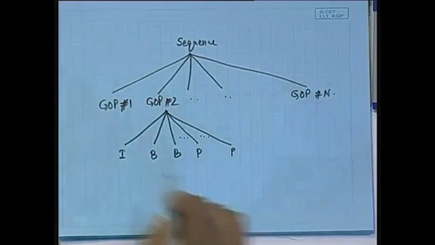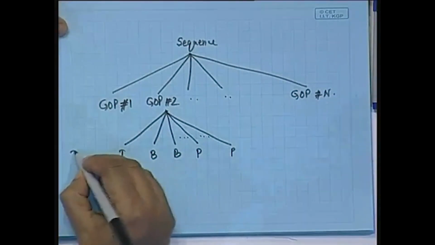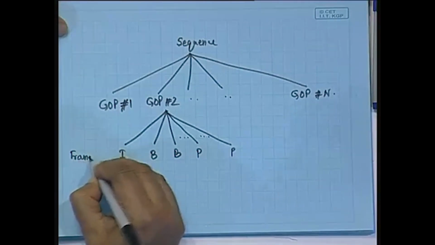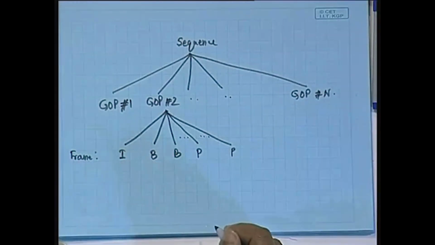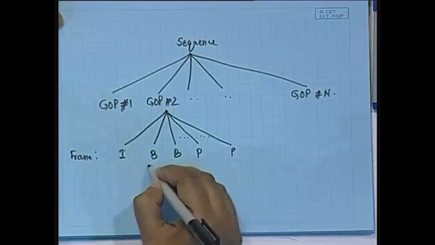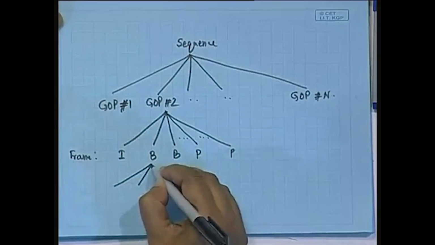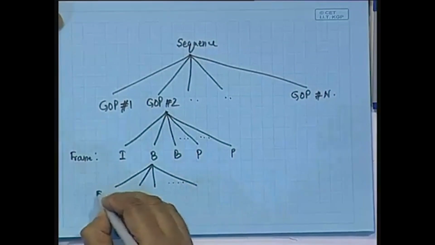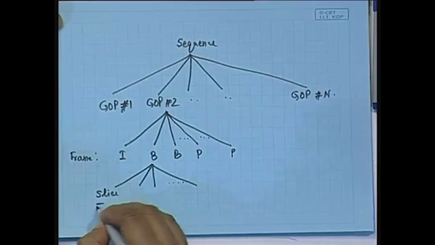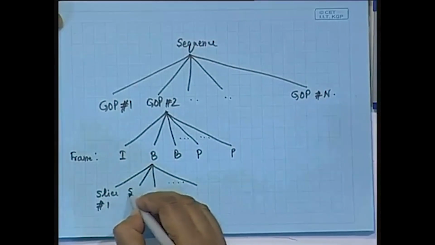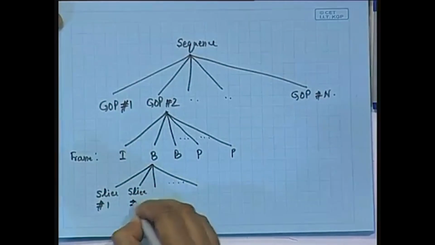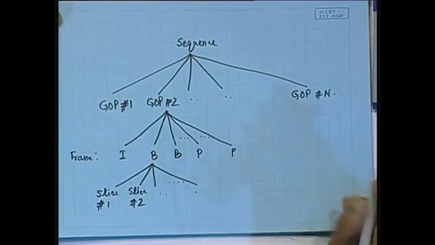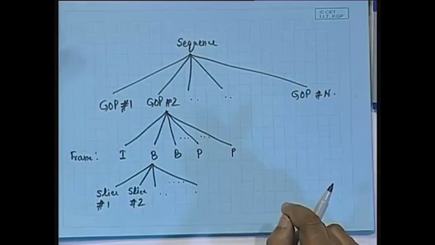Now, every such individual frame is partitioned into a set of slices. Let us look at a particular frame partitioned into various slices: slice number 1, slice number 2 and so on. A slice is a part of the picture.